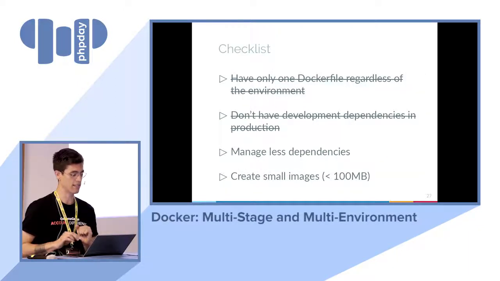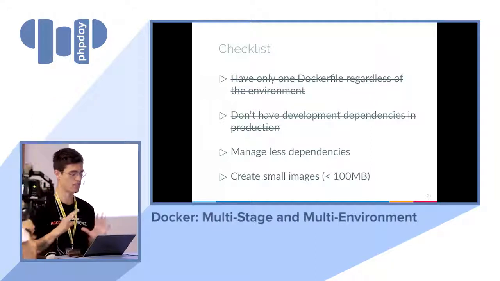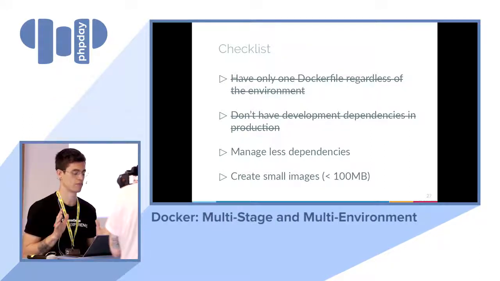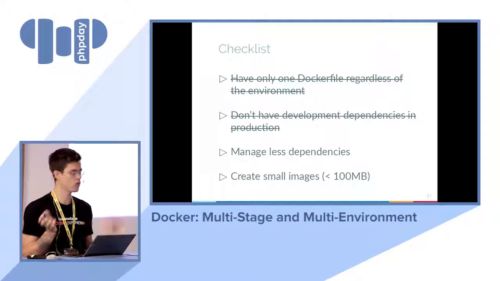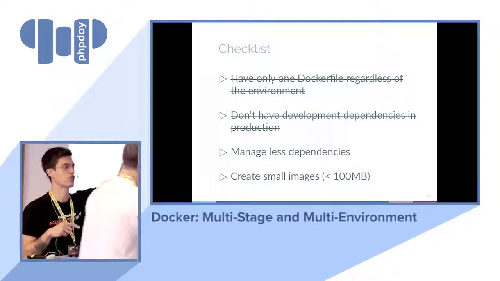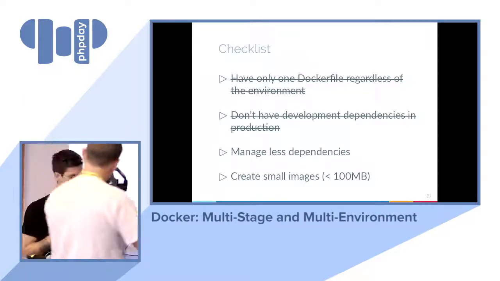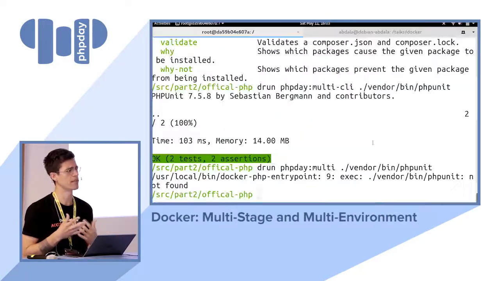Let's go to our checklist. So we have only one Dockerfile, and we are not sharing the development dependencies anymore. Cool. But we continue to not manage our dependencies because we can continue to use the PHP default Docker image, and the image continues to be big.